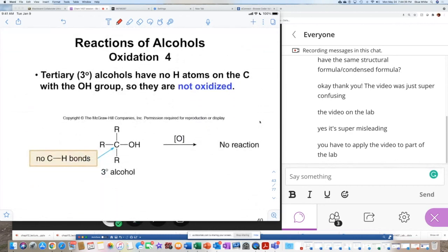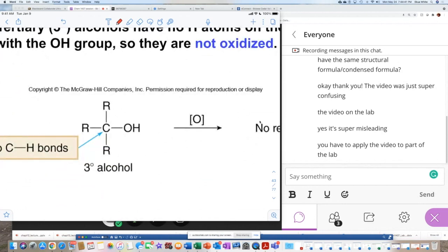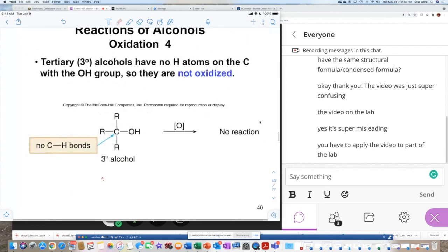Okay. With tertiary alcohol, we cannot oxidize this because the carbon is missing a hydrogen. We need this oxygen and this carbon to both lose a hydrogen, but the carbon doesn't have a hydrogen, so it cannot undergo oxidation. I think the video was asking you about oxidation when it came to primary, secondary, tertiary alcohols, and I think it also did phenol.